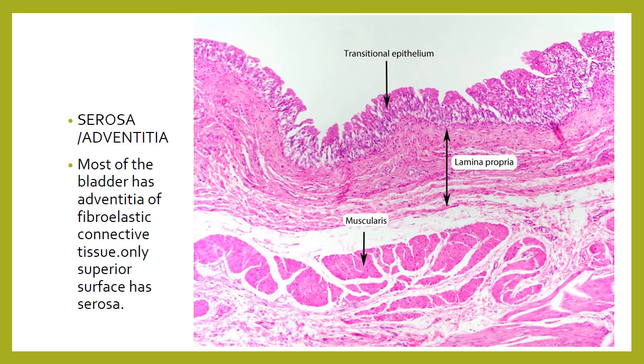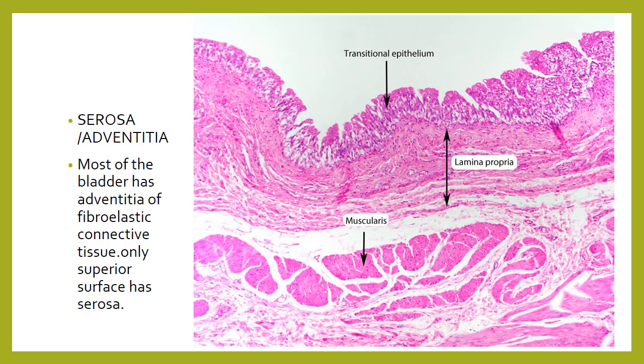Then you can very well see the lamina propria, which is very thick. However, it is made up of thin connective tissue with blood vessels, veins, nuclei of the fibroblasts, and a few mucus secreting cells which are more prominent in the urethral region.